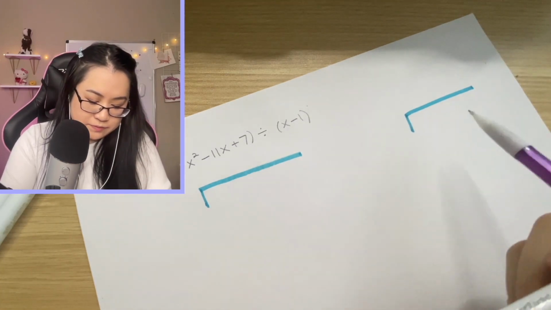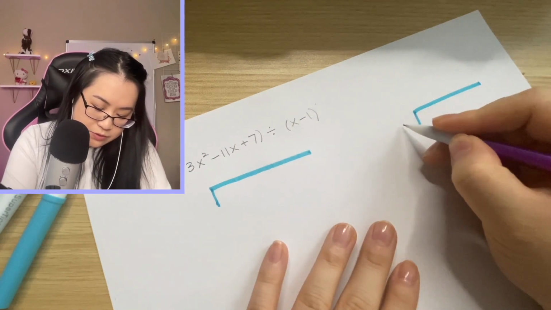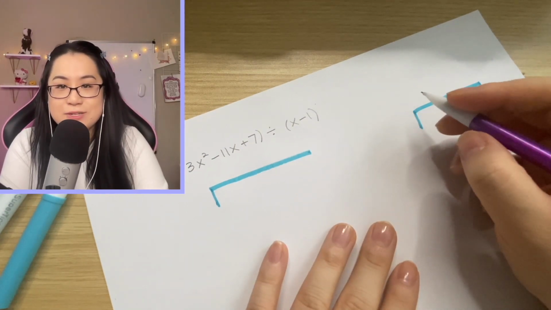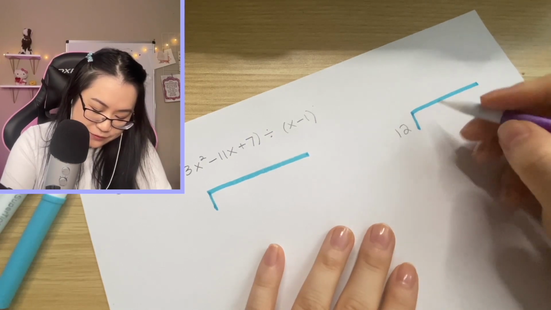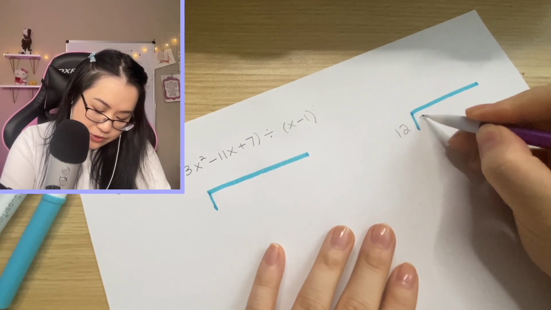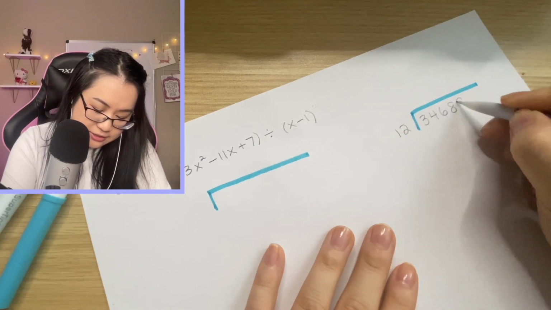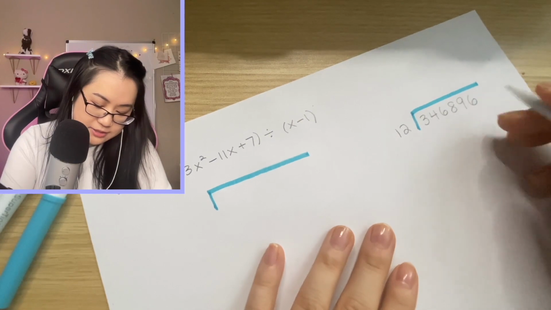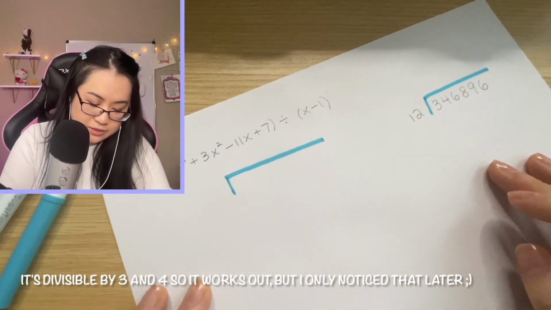So let's see here. I'm trying to make up a question on the spot. How about 12 and 3, 4, 6, 8, 9, 6. I have no idea if this goes into it, but that's okay.